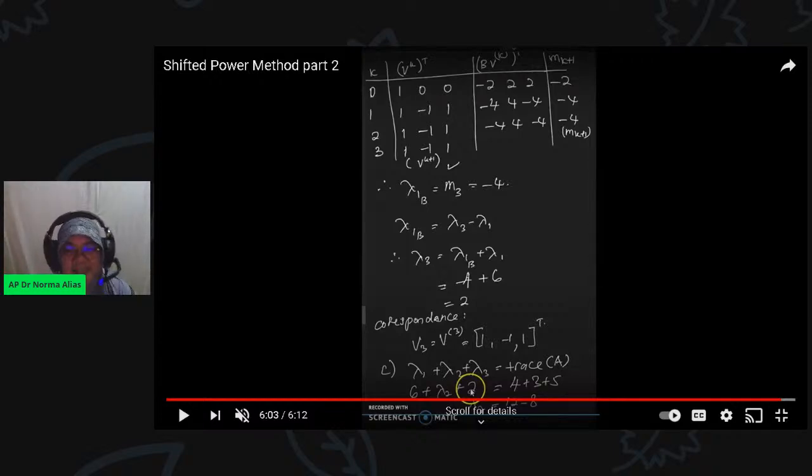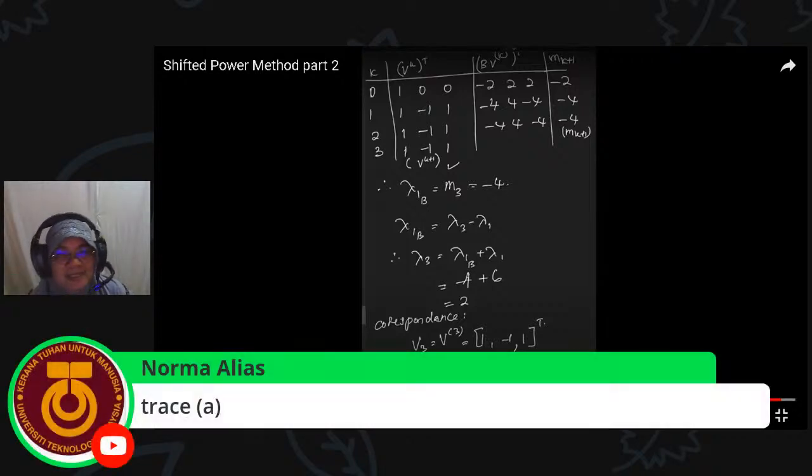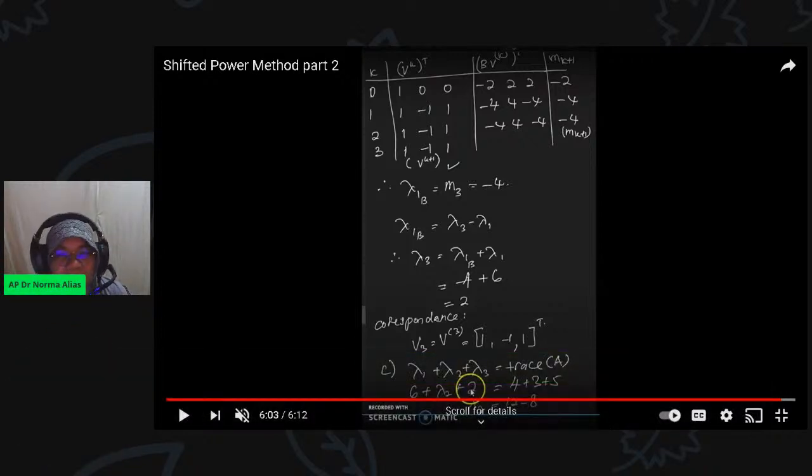Trace A is A11 plus A22 plus A33 from matrix A, not from matrix B. So you can get the value 12: 7 plus 5 is 12.